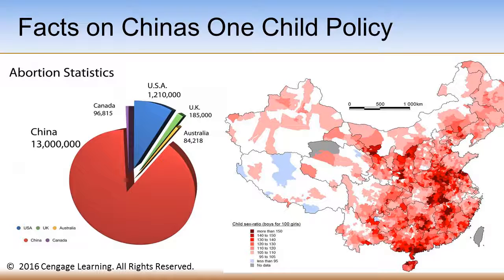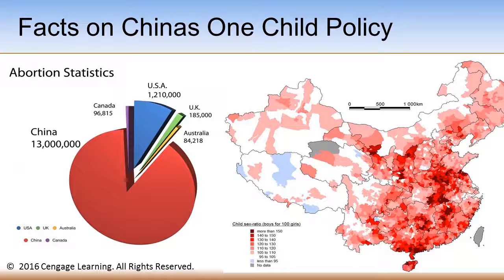Well, on average the global ratio is about 107 males to every 100 females. So if you have a scenario in a specific geographic region where you have more than 150 boys for 100 girls, you're exceeding what the global ratio is. In other words, there's an imbalance for the male to female population ratio.